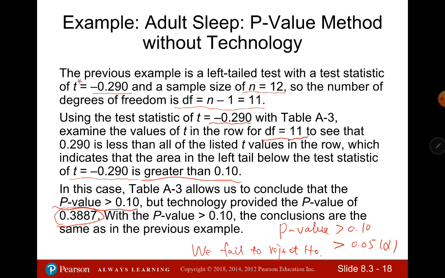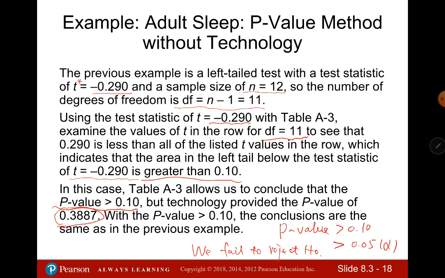It's still not 0.29, but we can be sure the value 0.29 is even smaller than 1.363, which means it's even further right than this value. So we check the top row of this table, area in one tail. The value there is 0.1. So which means the area in one tail for 1.363 is 0.1.